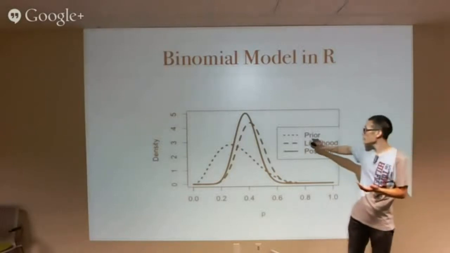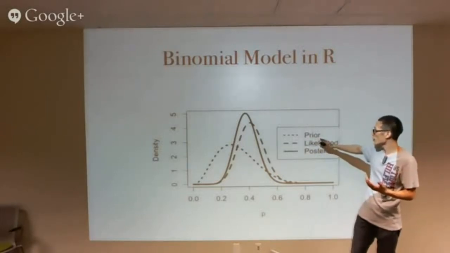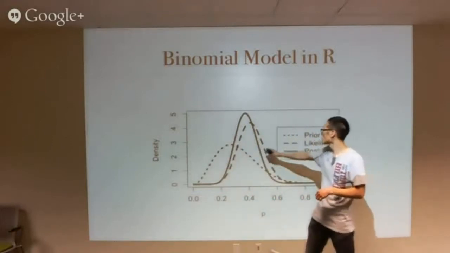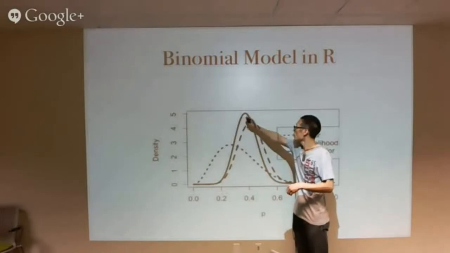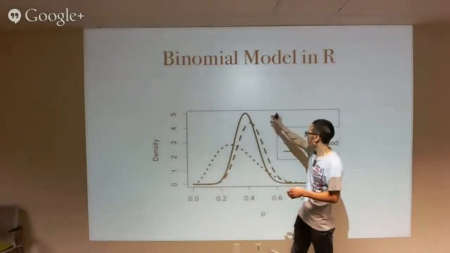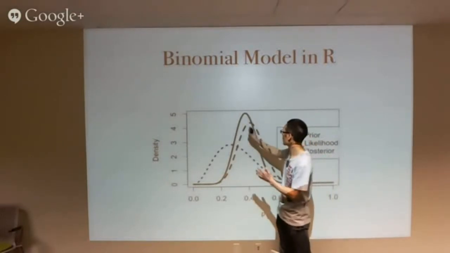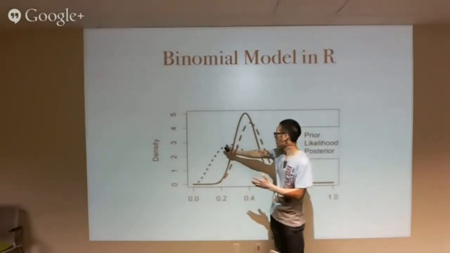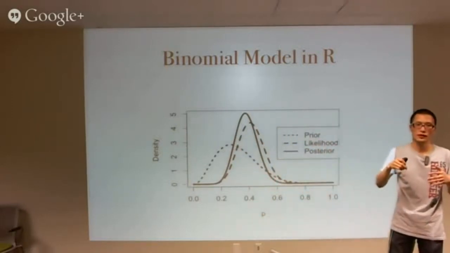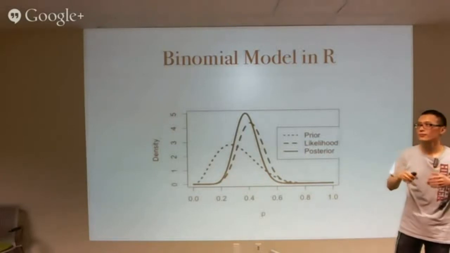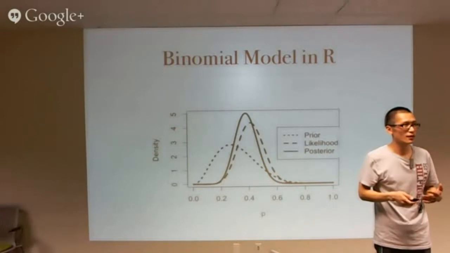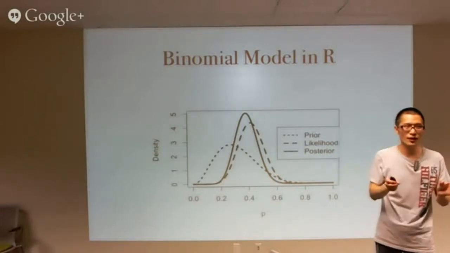So the prior is a beta distribution, and if this is the likelihood, and this is the posterior distribution, you can see that the posterior distribution is actually in the middle of the prior distribution and the likelihood distribution. Sometimes we call this, I forgot this word, a compromise between the prior and the likelihood.